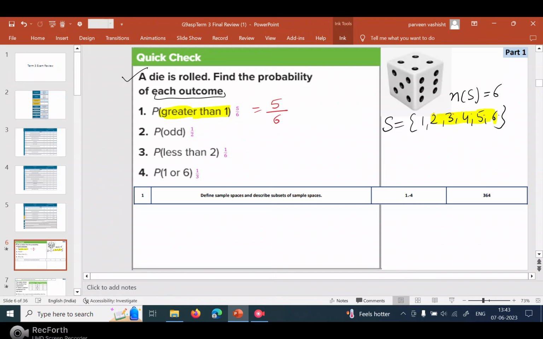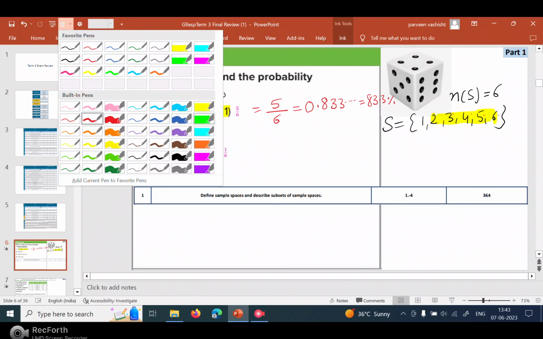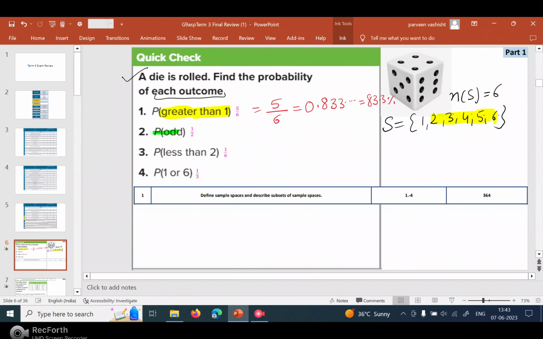So my probability will be 5 over 6. If you try to find it in decimal, it will be 0.833 and so on, and if your answer is in percentage, it will be 83.3%. So now let us move to the second question.